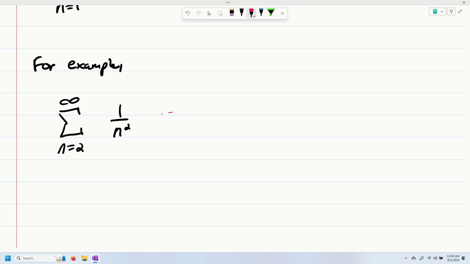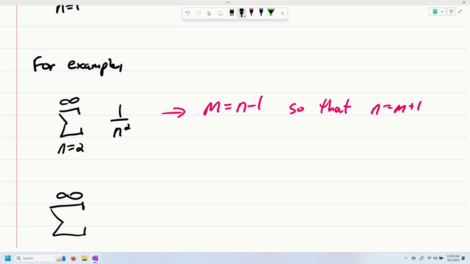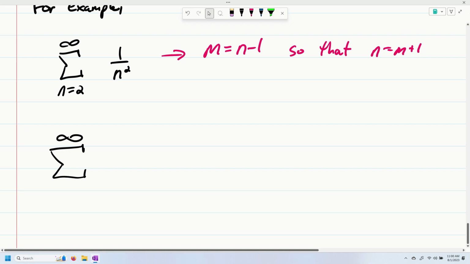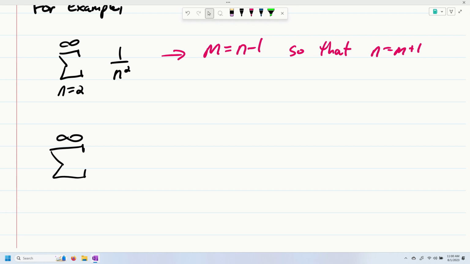We could introduce another variable, m equals n minus 1, so that n equals m plus 1. Now, what ends up happening here is no matter where you see the letter n, you're going to write m plus 1. So just watch for a second. You'll see what happens.